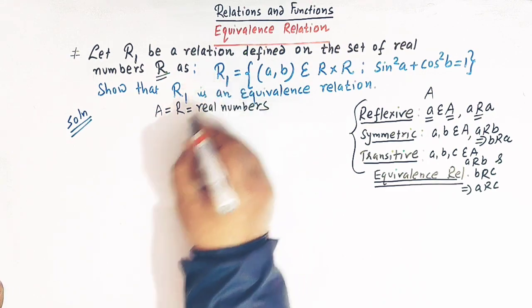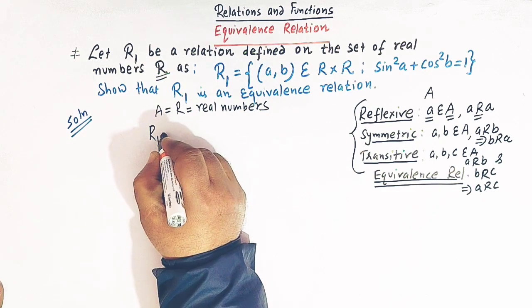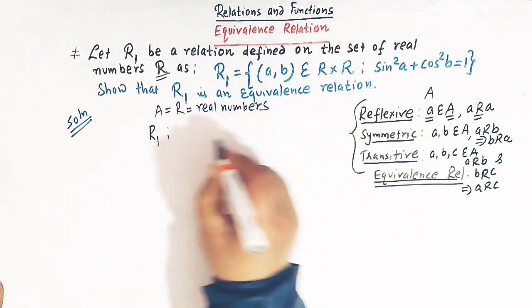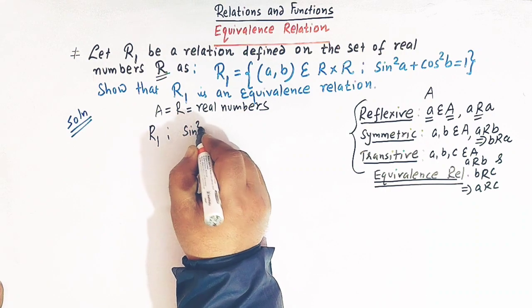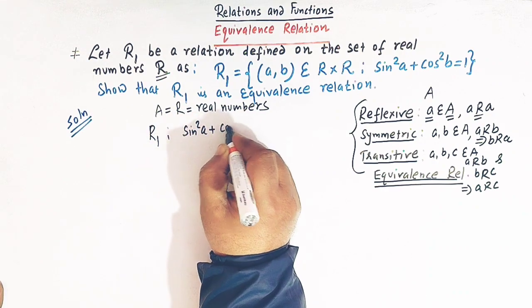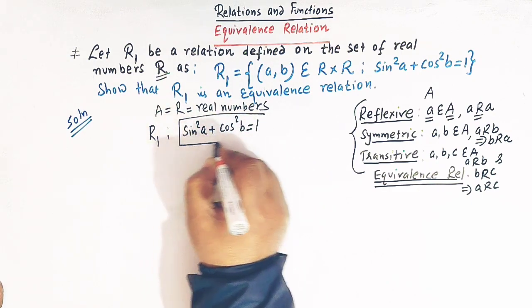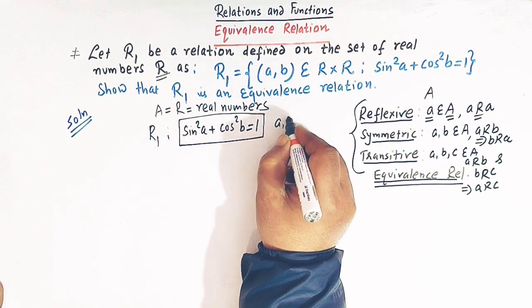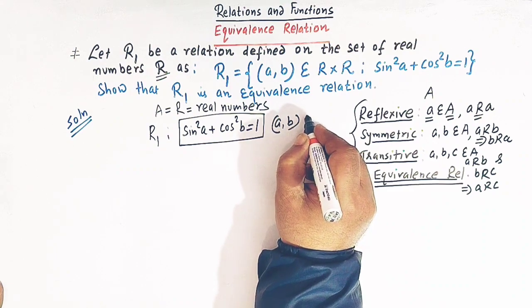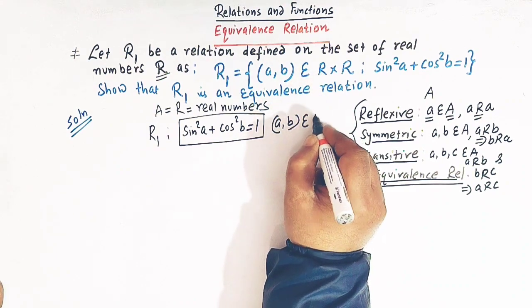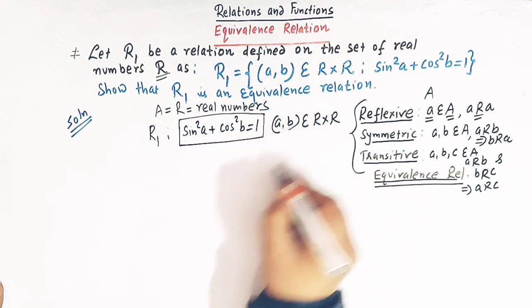Now the relation R1 is defined as sin squared a plus cos squared b equal to 1 for all ordered pairs (a, b) belonging to R cross R, right?